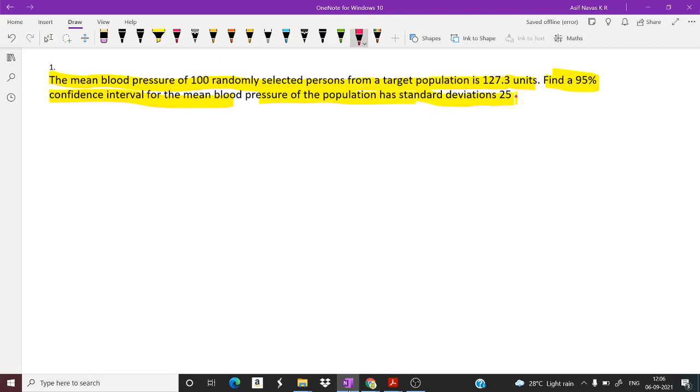So, solution. We are given n, the number of samples, equal to 100, selected from the population. The sample mean x bar is 127.3, we have to find the 95 percentage confidence interval, and the standard deviation of the population, sigma, is 25.